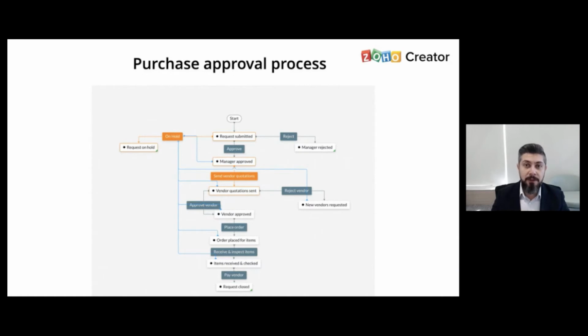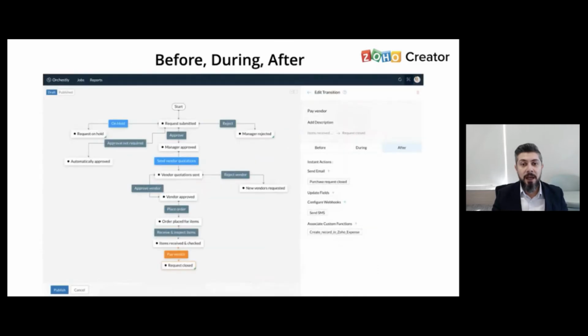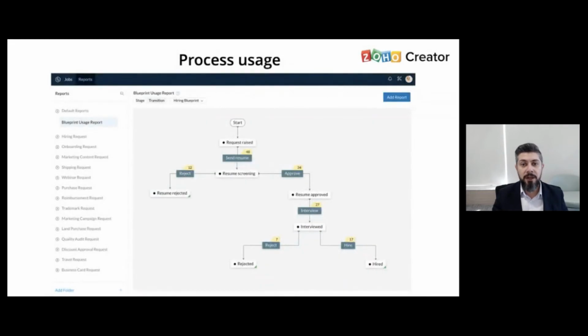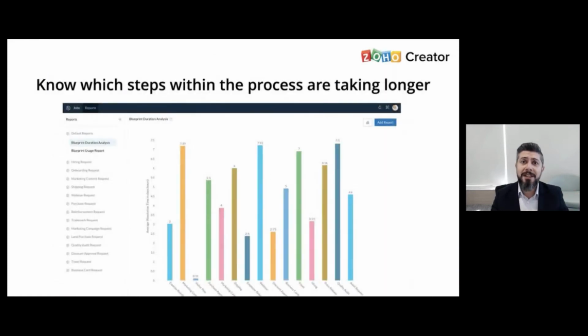And by the way, most of these features will come to Creator inbuilt quite soon. You can automate different complex processes using Orchestly and Creator for the time being. It can monitor the process usage, so for steps of the process, you can see how many times they were used, or how many days and hours were spent processing a particular step in a complex process.